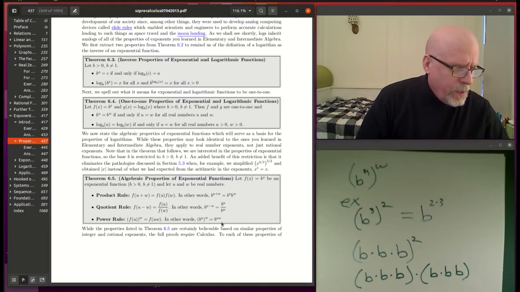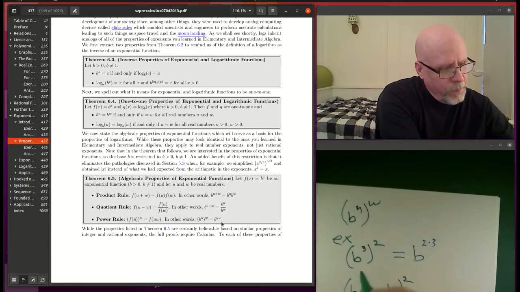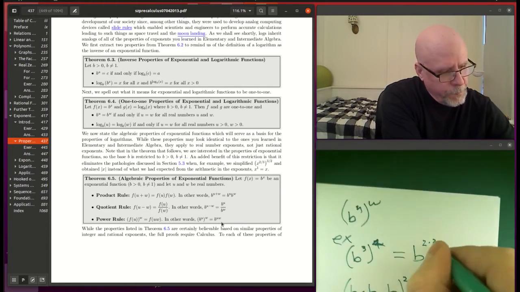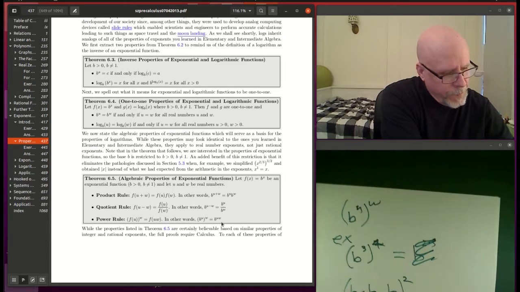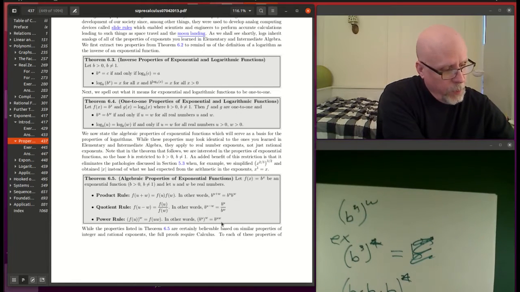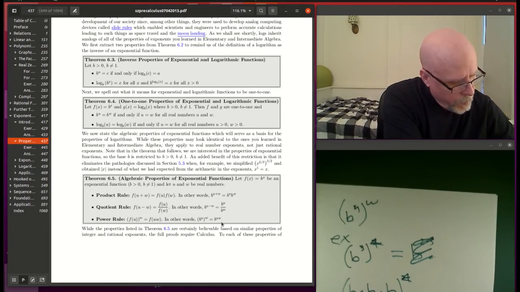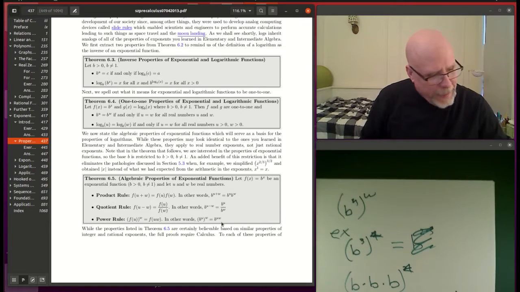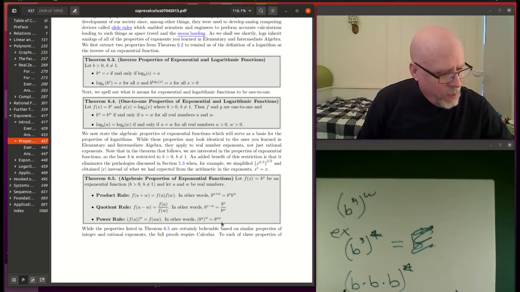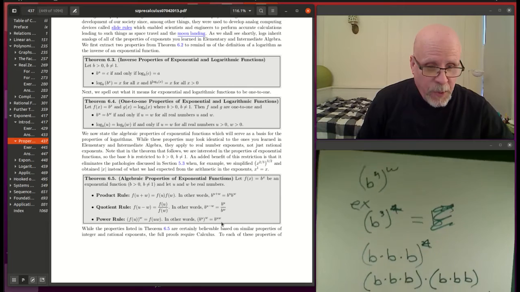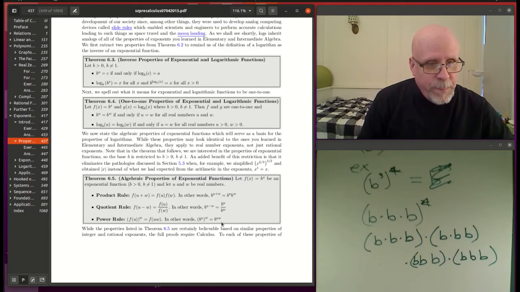If I did this with a tougher example, suppose I had made this 4 up here. Then we would have b times b times b to the 4th power. And then we would need 4 copies of b times b times b. B times b times b times another b times b times b. How many b's total have I done when I wrote b times b times b cubed to the 4th power?